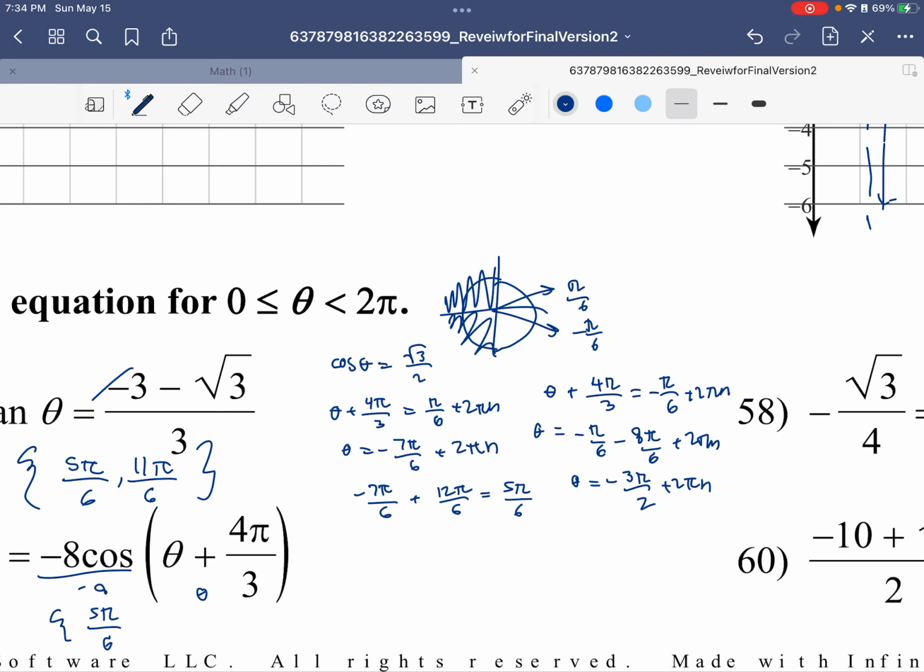So let's plug in 1, and then you have plus 4 pi over 2, and that equals pi over 2, and that is in our domain.